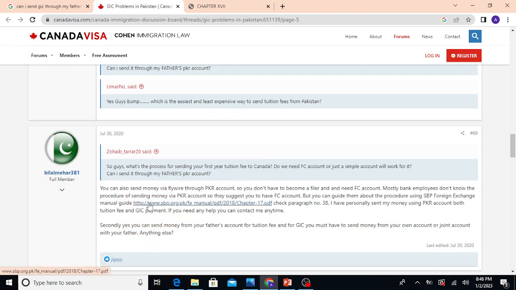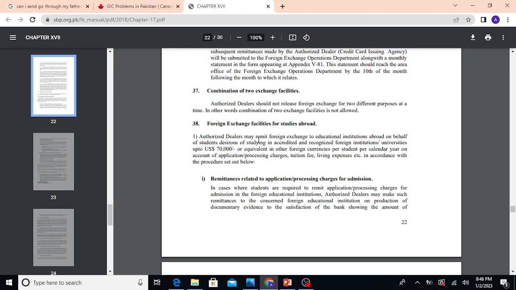This guy has shared this document, and I think it's really helpful. And he says that you need to check paragraph number 38. Now, when I opened this document, I came to paragraph 38, that is on page 22 here, and it talks about foreign exchange facilities for studies abroad, and it tells that you can actually send up to 70,000 US dollars or equivalent in other currencies per student per calendar year.